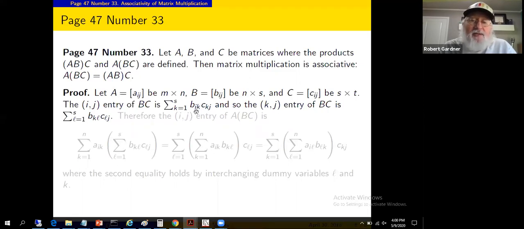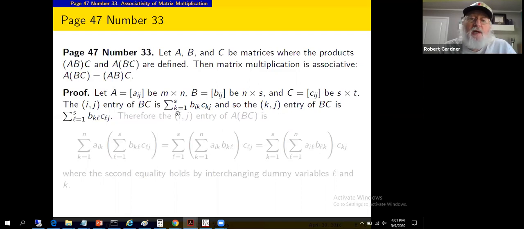So we get the I as the first index on the first one, the J as the second index on the second one, and then we sum as these other two indices run over the appropriate range. In this case, the second index on B runs from 1 to S. In C, the first index runs from 1 to S, right? That's the dot product thing.